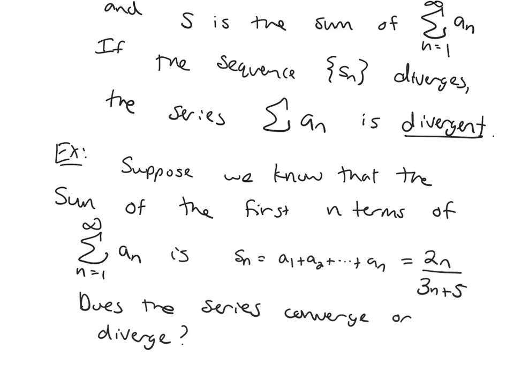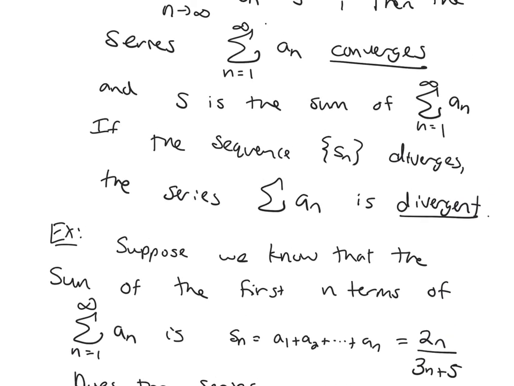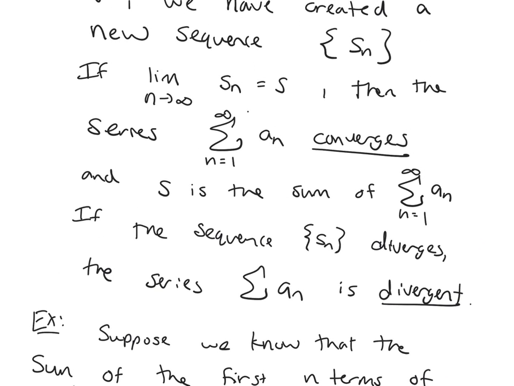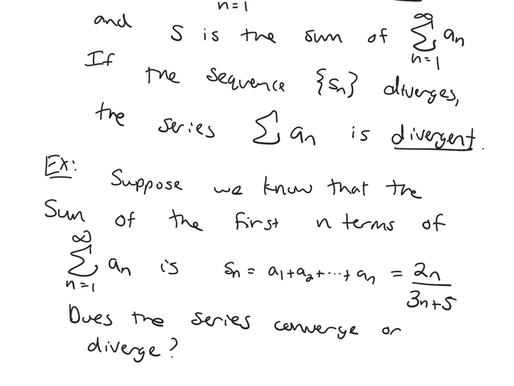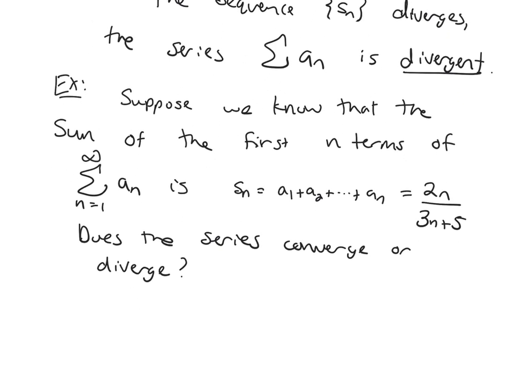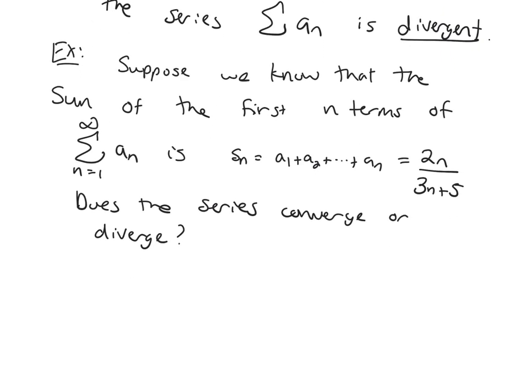Look up at our definition. I'll scroll up just for a second. In order to answer if it converges, I need to look at the limit of the partial sums, the S sub n's. They gave me a formula for S sub n, so I need to take the limit of S sub n, 2n over 3n plus 5.